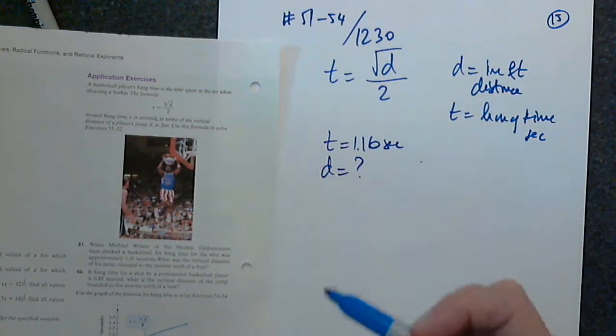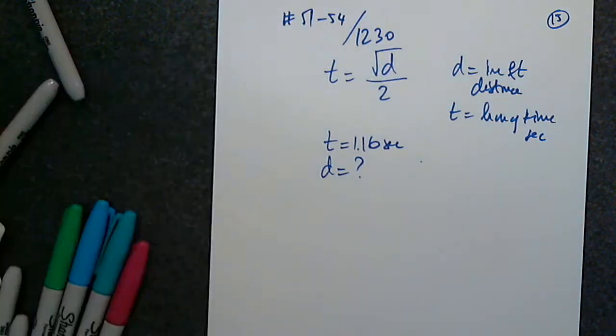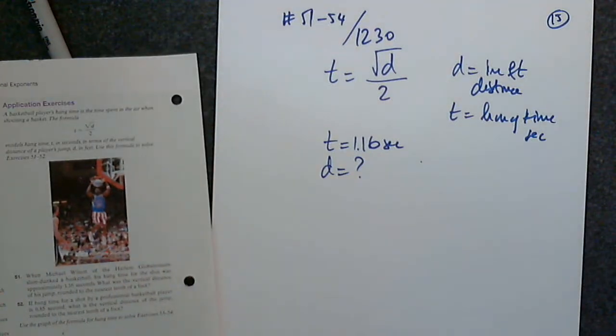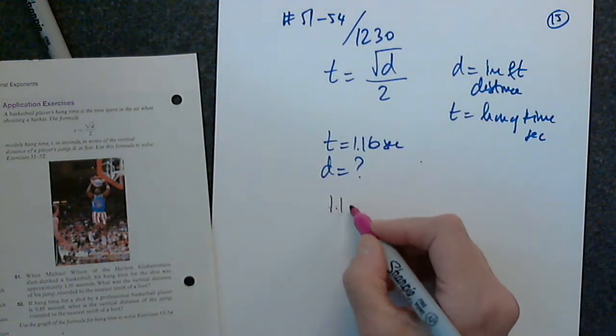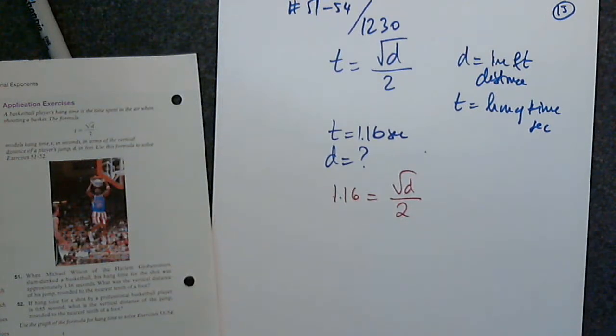We're asked to find D. Okay, so we put the information in the equation: 1.16 equals the square root of D divided by 2. We're asked to solve the equation for D.